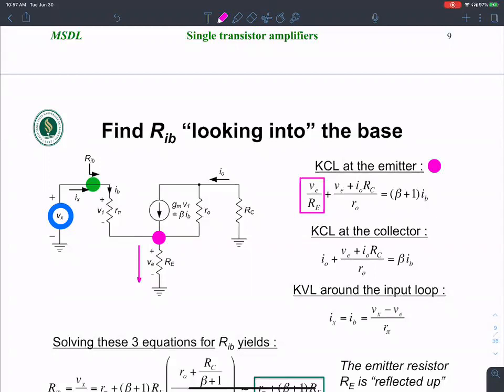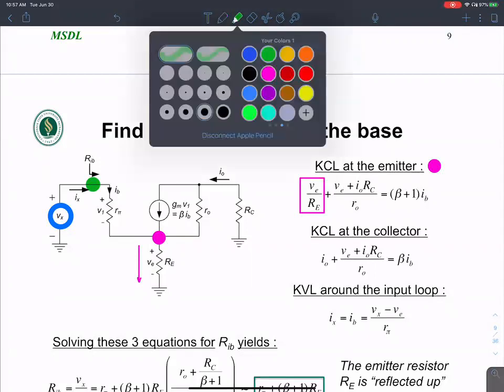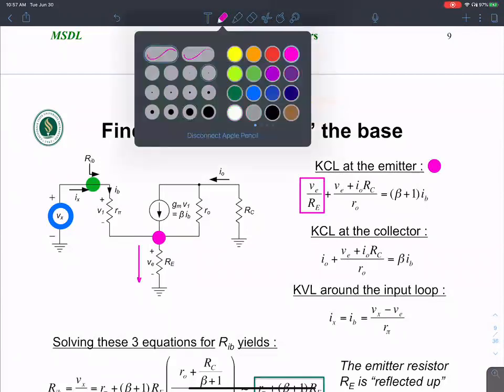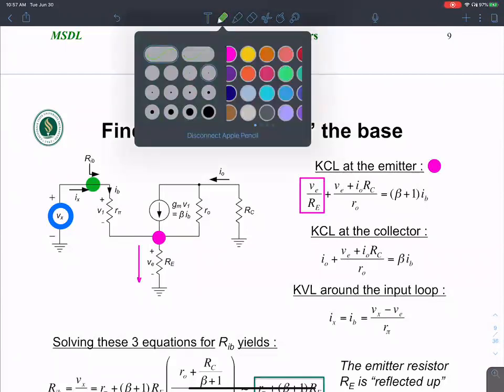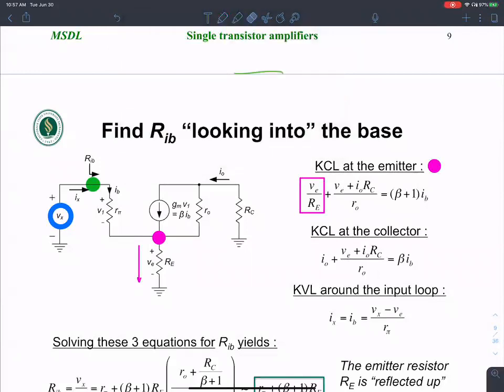Also think about a current through this node. There is a current leaving through the resistance R naught.